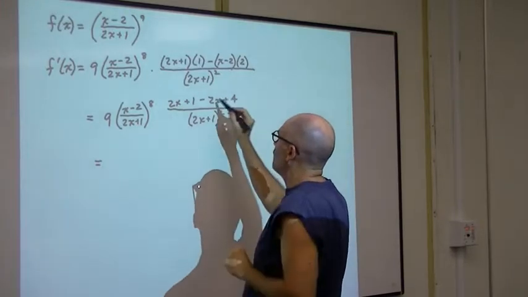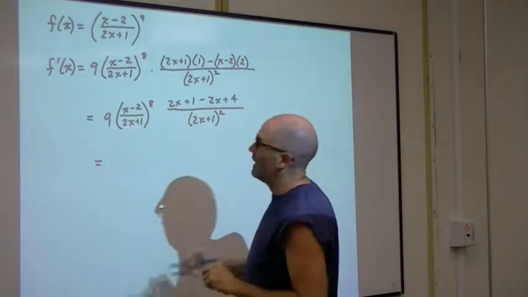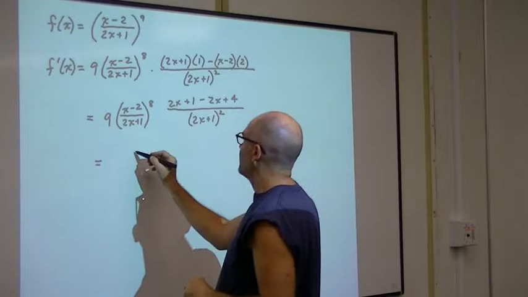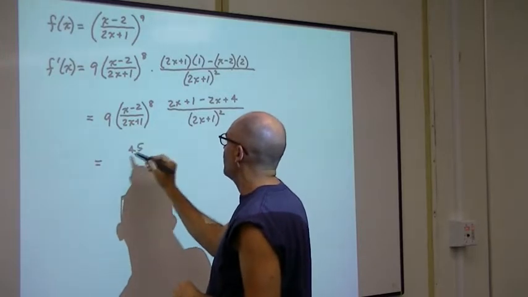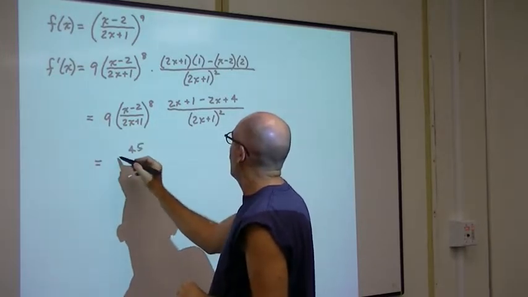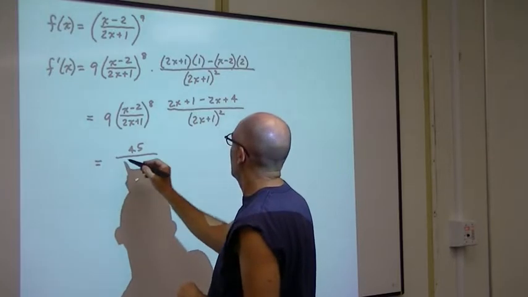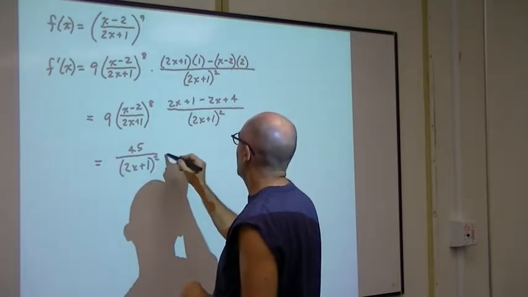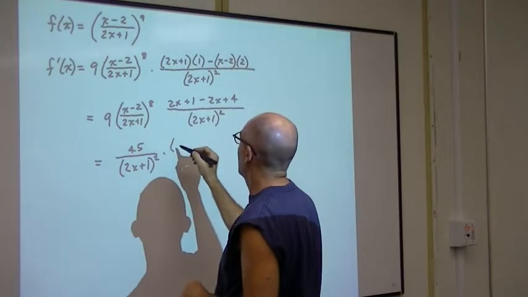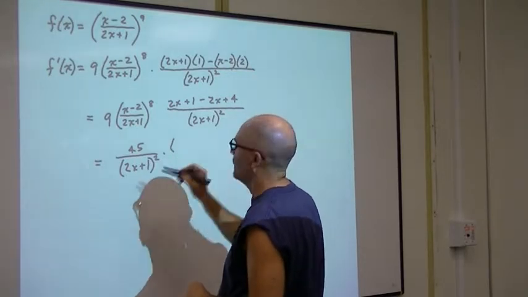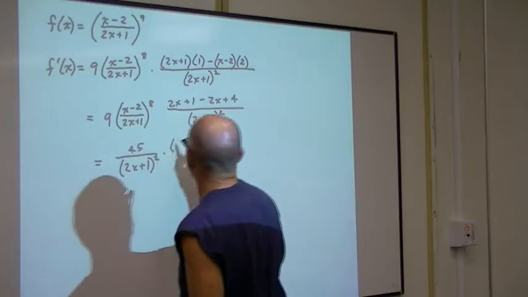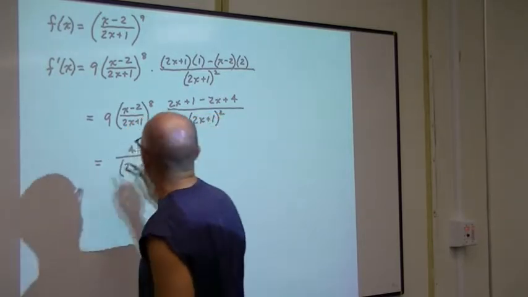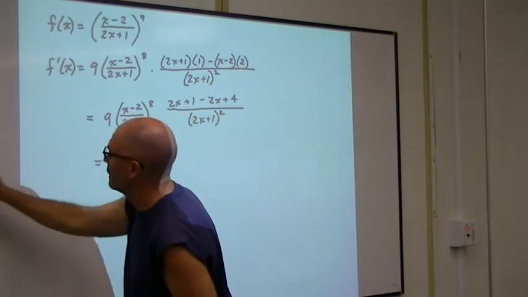So now we have 2x minus 2x is 0, 1 plus 4 is 5. So we've just got a 5 up on top and a 9 up on top. So 5 times 9 is 45 over 2x plus 1 squared. So I don't confuse people, let's do it like this.